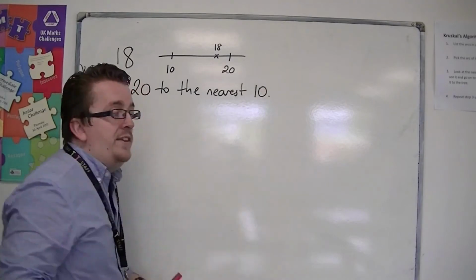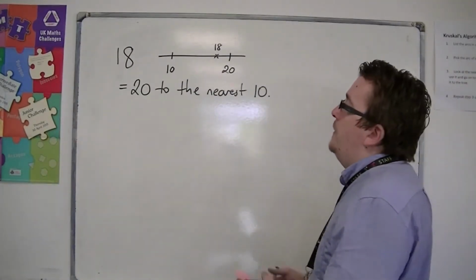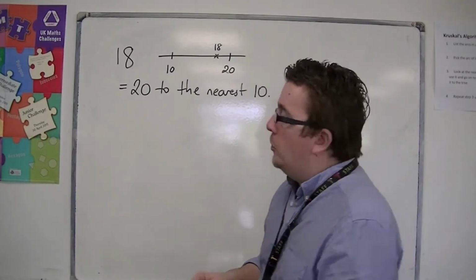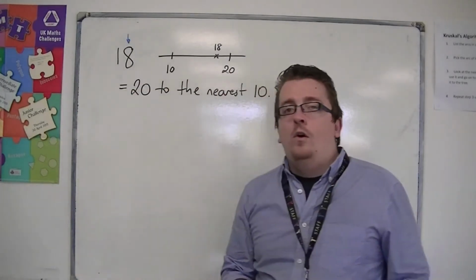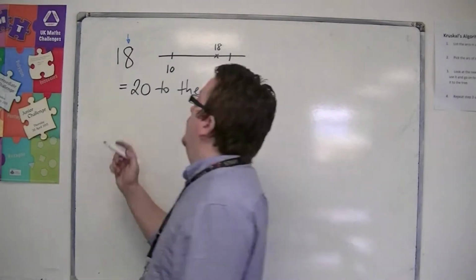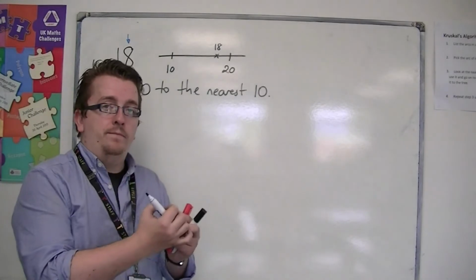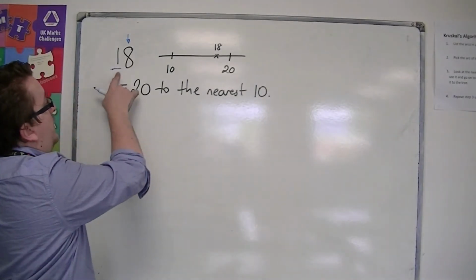Now, how do we identify that? How are we going to identify that 18 is closer to 20 rather than 10? Well, it's all got to do with this number 8 here. When we're looking at the closest 10, consider the tens unit, okay, well the 10 place value, which is 1 in this case.